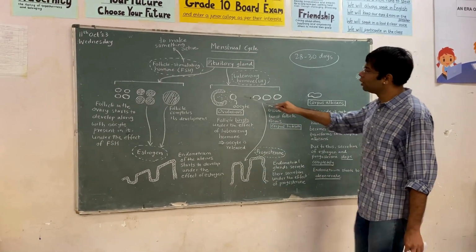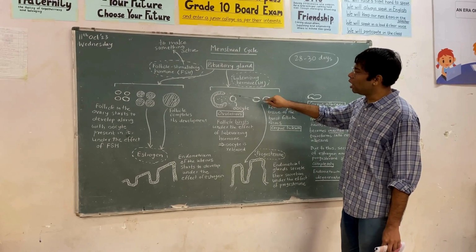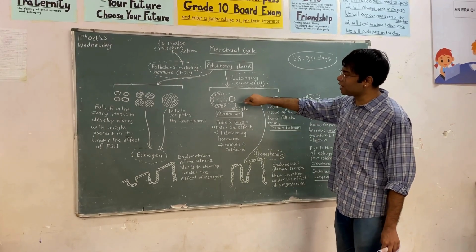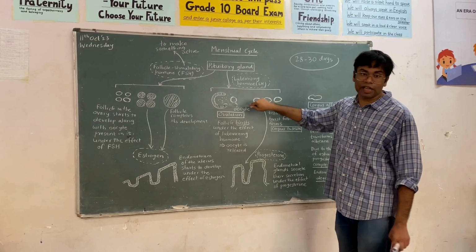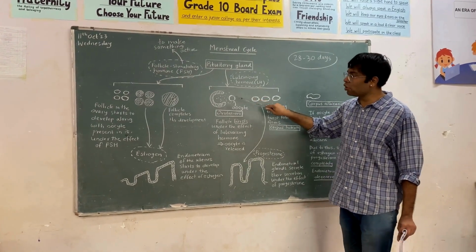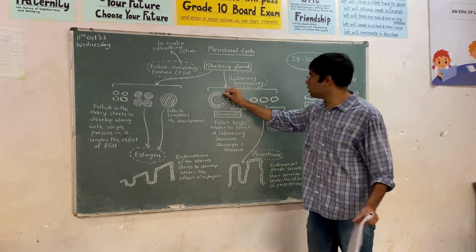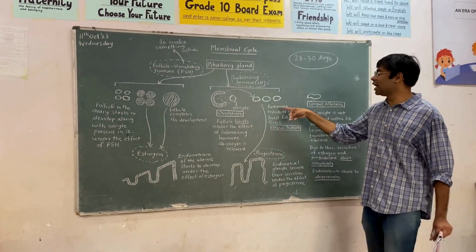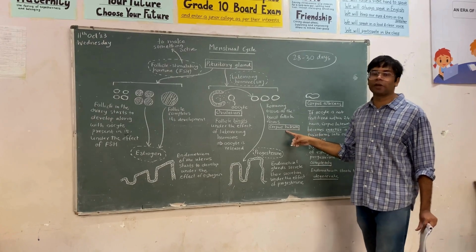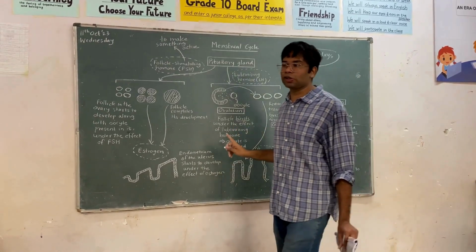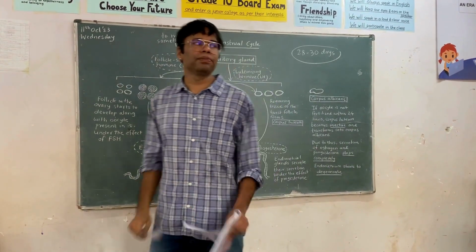Now, this is the oocyte and this is the remaining part of the follicle that has burst. The remaining part of the follicle transforms into something called corpus luteum. Let's pronounce corpus luteum.